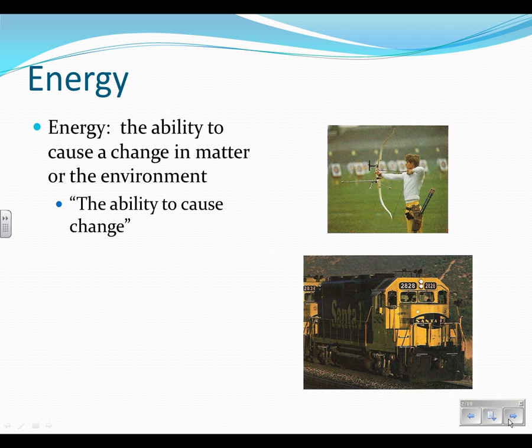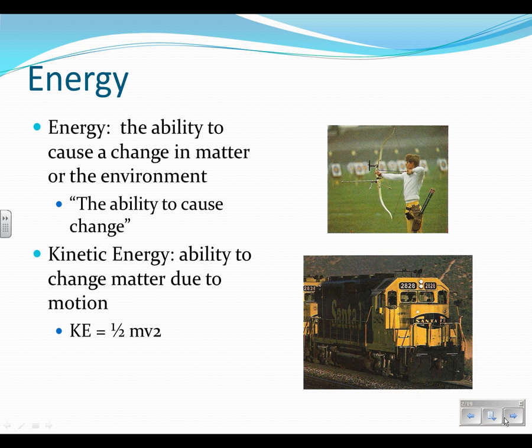Energy comes in a lot of forms, and we will talk more about those forms tomorrow in a little bit more detail. But one form of energy that we need to introduce now, and it's a form of energy that I think most of you are familiar with, is kinetic energy. And kinetic energy is the ability to change matter due to motion.